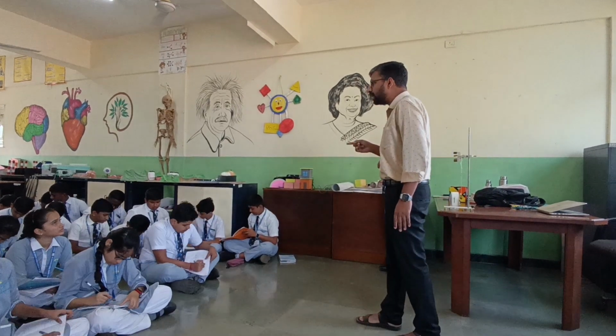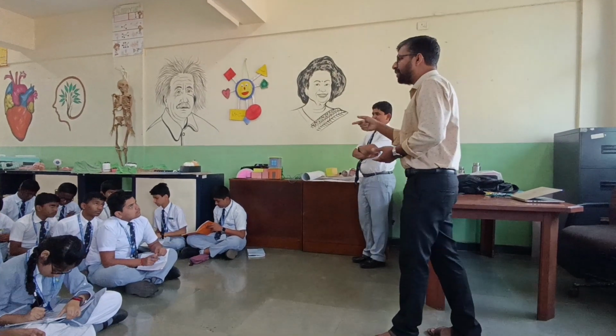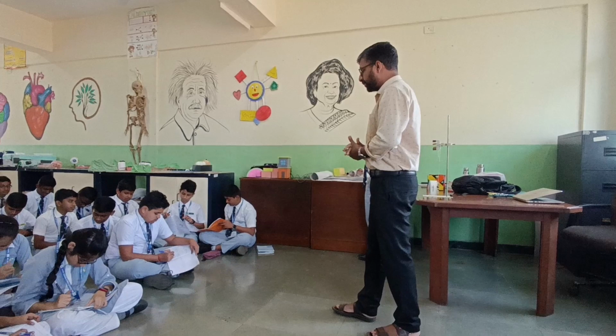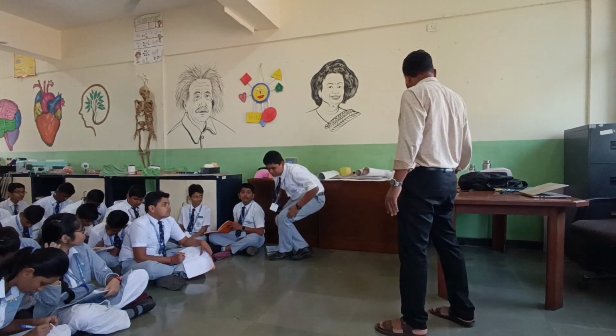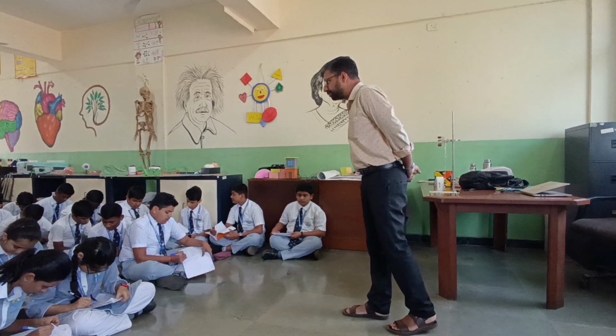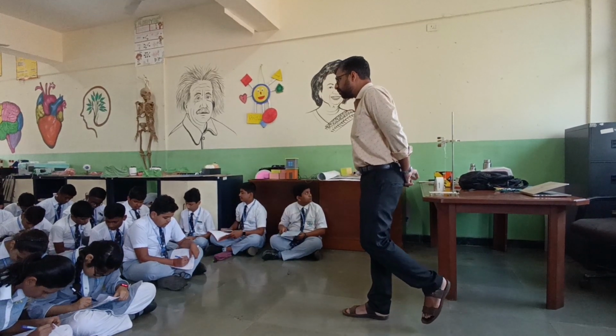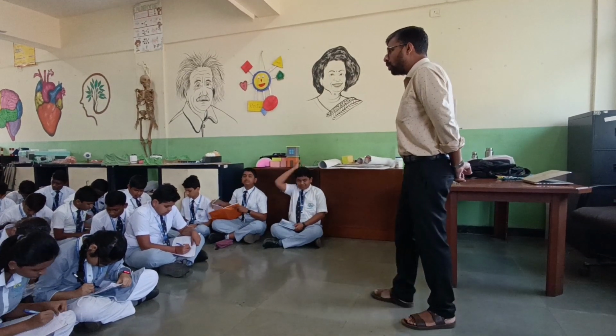Now we have to calculate the time taken for 1 oscillation. How will we do that? 11.7 divided by 10. Do it. 11.7 divided by 10 is 1.17.